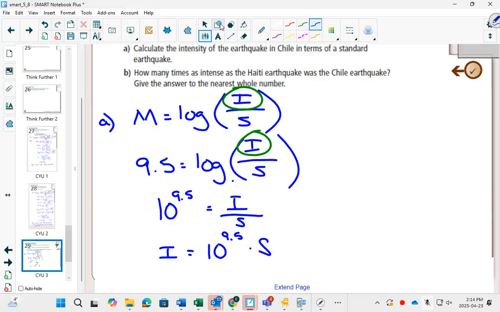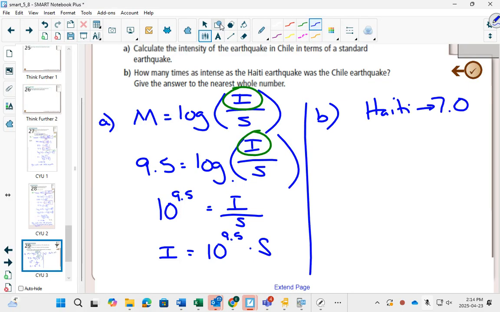Okay? And then usually what they do in these questions is they say, can you compare two earthquakes and tell me how much bigger one is than the other one? So they want to look at the one in Haiti, which was a 7. They tell us the magnitude of the Haiti one is 7.